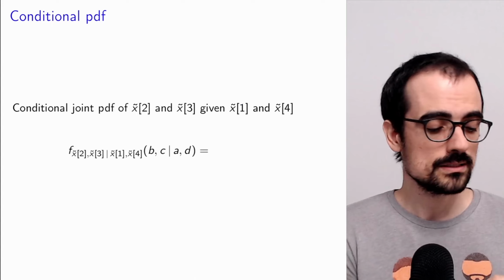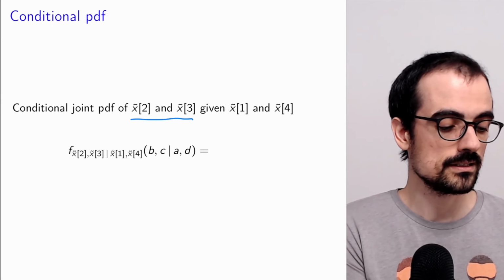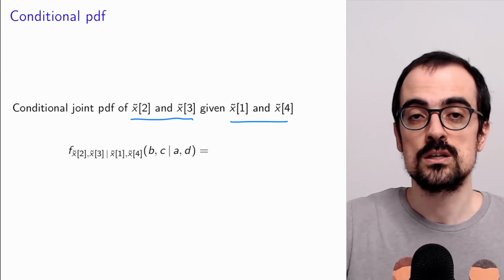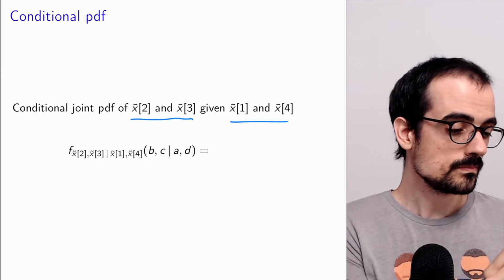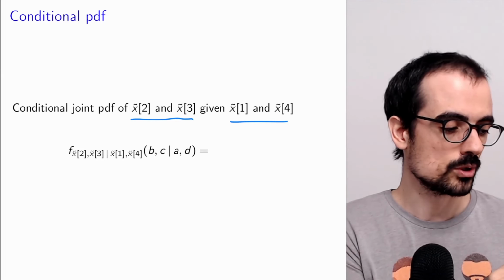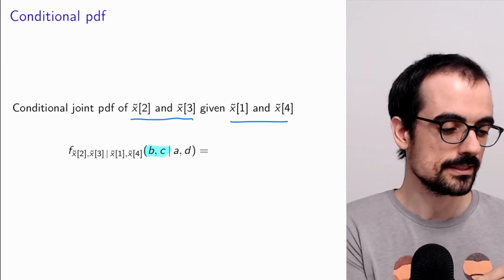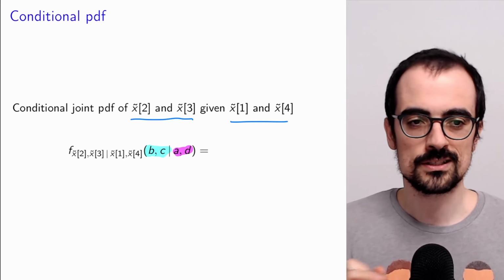What if we want the conditional PDF of 2 random variables given 2 other random variables? In this case, the random variables are entries of this random vector x. What are we going to do? Again, it's very important to separate between the random variables over which you're computing the density and the ones which you're fixing, which you're conditioning on.